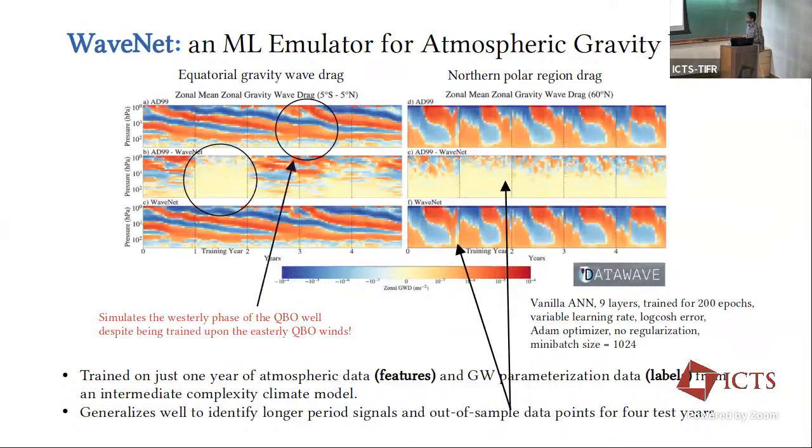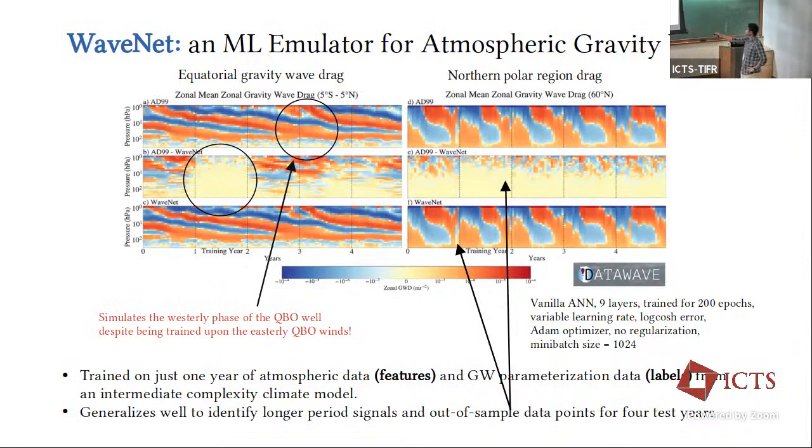This emulator is called WaveNet, and what it essentially does is train on an existing gravity wave parameterization, and then emulate that in an intermediate complexity climate model with a coarse resolution of 300 kilometer by 300 kilometer in the tropics.